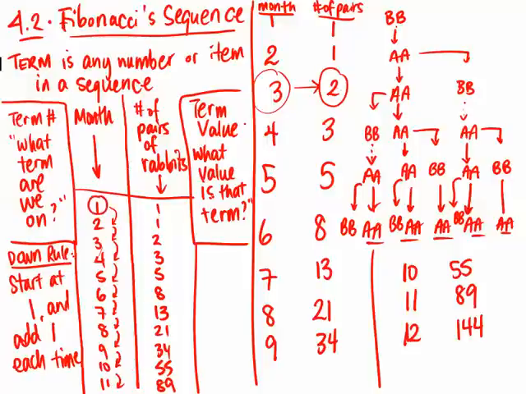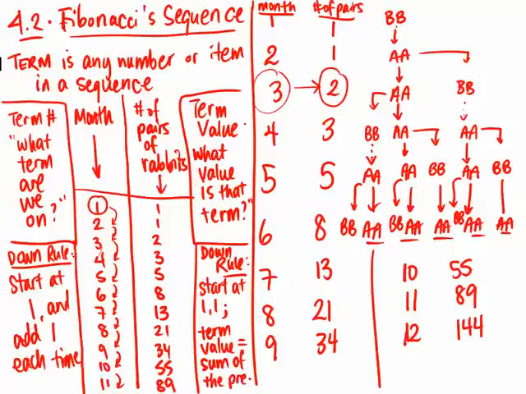A down rule for the other one, for the term values, is a little bit trickier. So this one is start at, oh, we kind of need two numbers. Start at 1 and 1, semicolon, the term value equals the sum of the previous two term values.